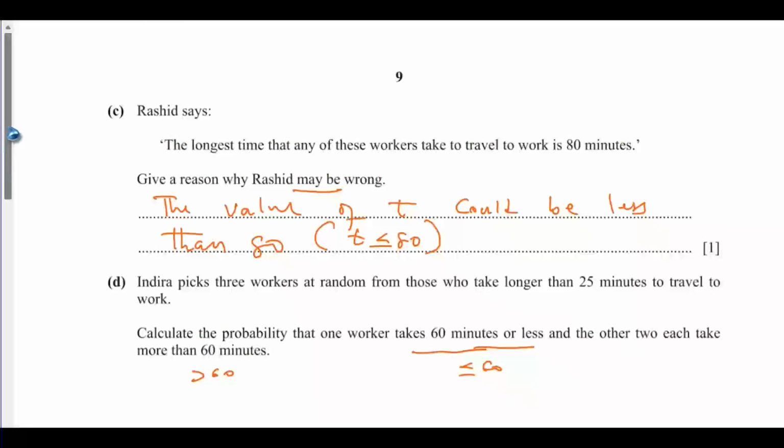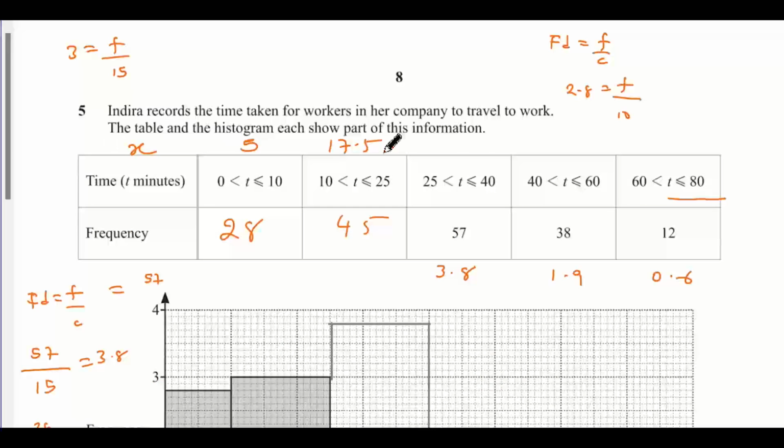That's where we are taking our data. So here it will be this, that is 57, this one 50, 38 and 12. So these are the workers that spend more than 25 minutes.